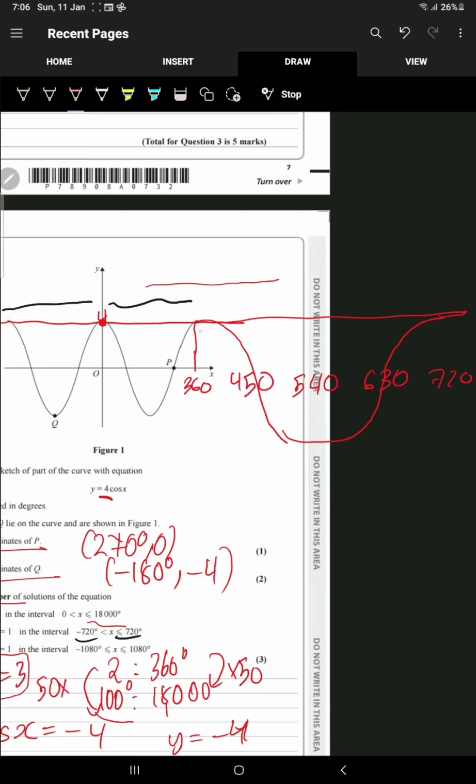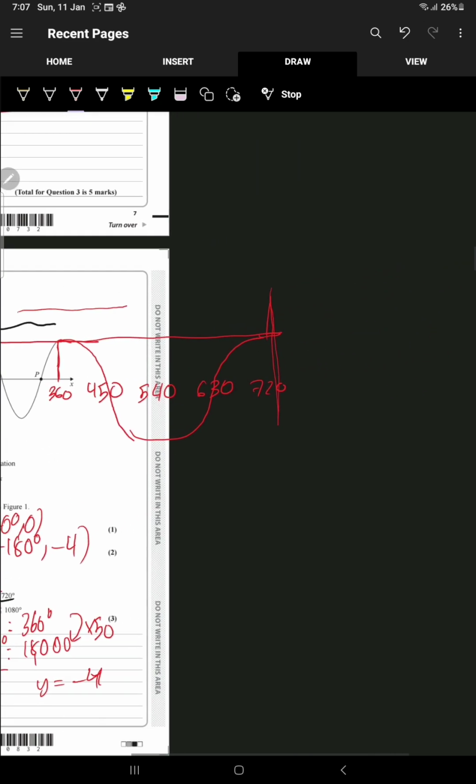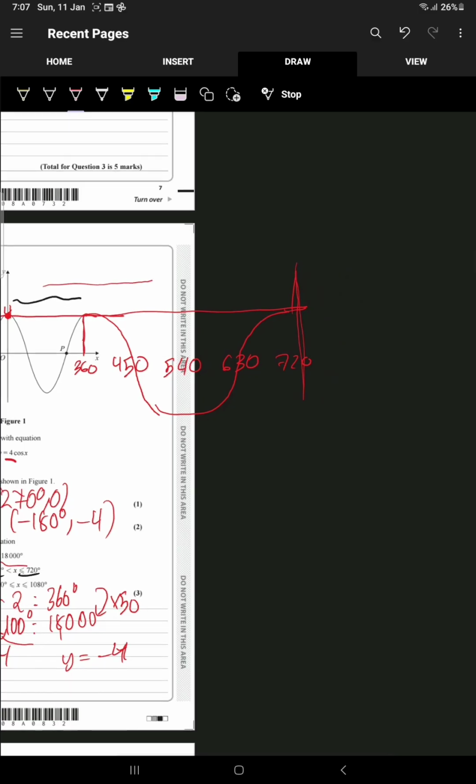If we draw a line here, how many points of intersection are there? And then we can go beyond 1080. You can do it other ways, but I'm choosing this way. So 720 plus 360 is 1080.